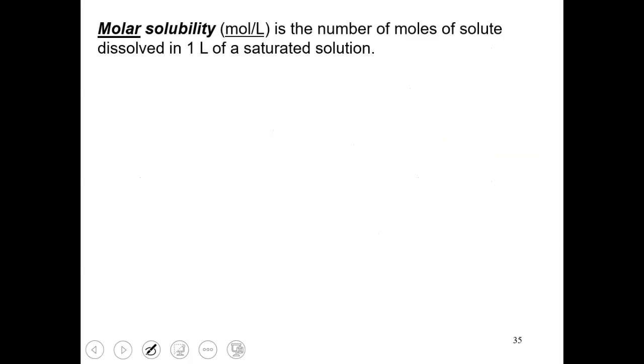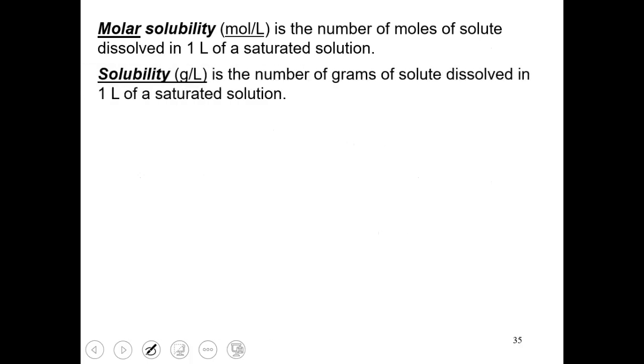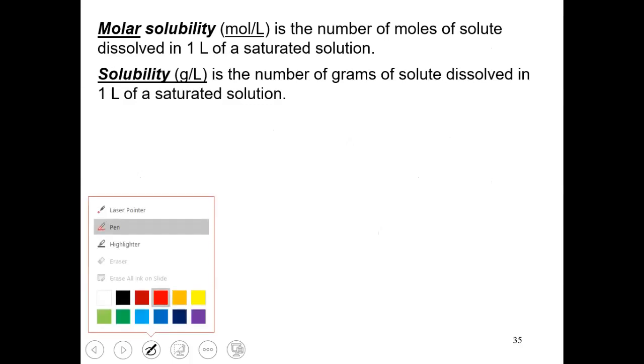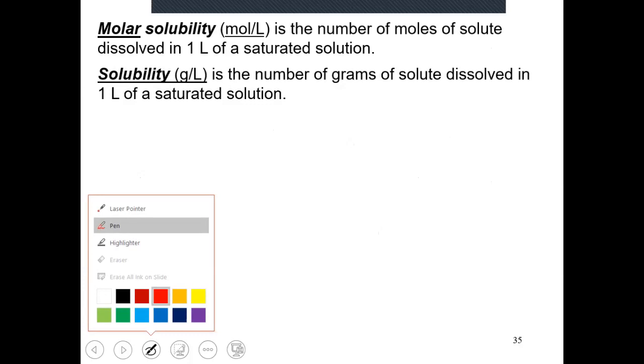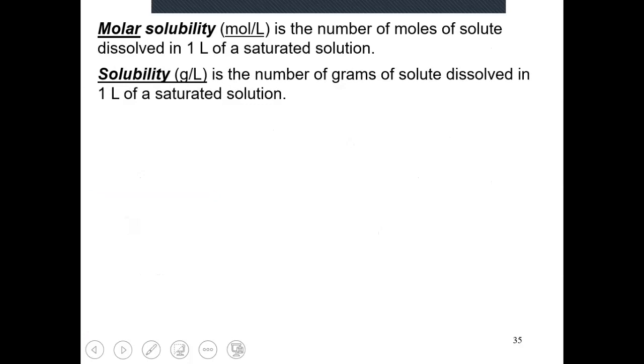In other words, the moles of solute per liter in a saturated solution. Or sometimes they give you simply the solubility, which would be the grams of solute dissolved in 1 liter of a saturated solution. I'll go one more than that. Sometimes the way they give you this kind of stuff is actually what they give you is the grams.